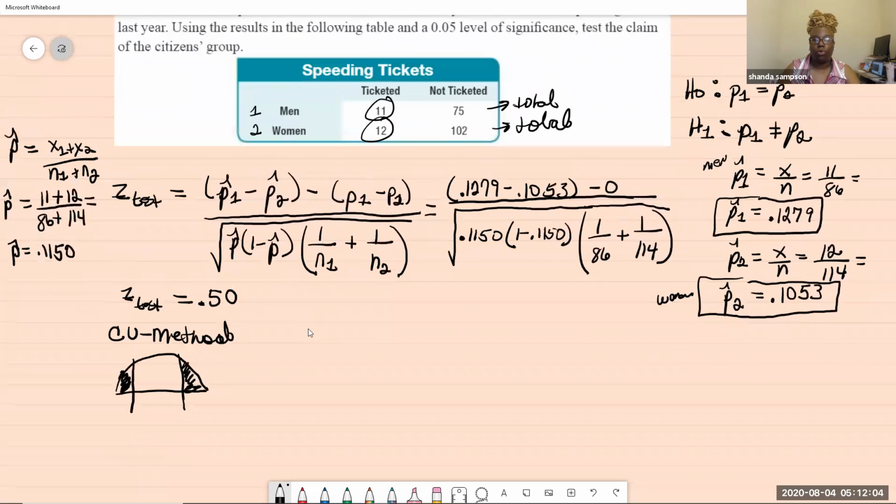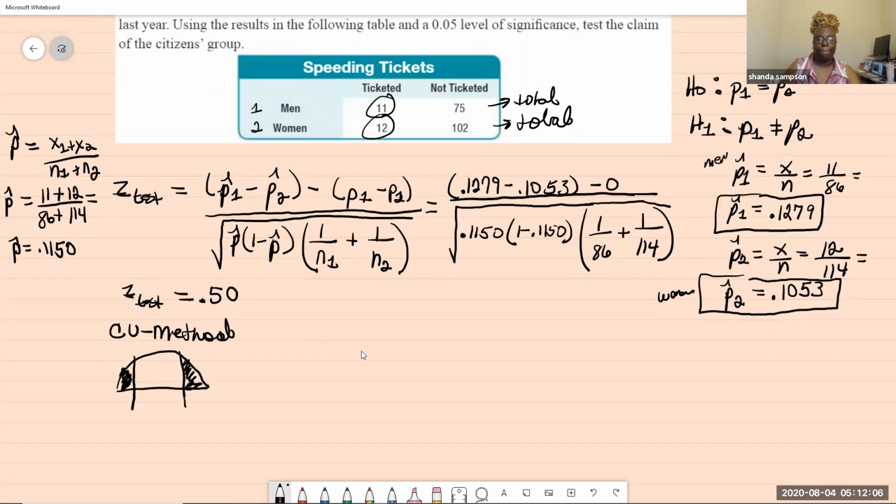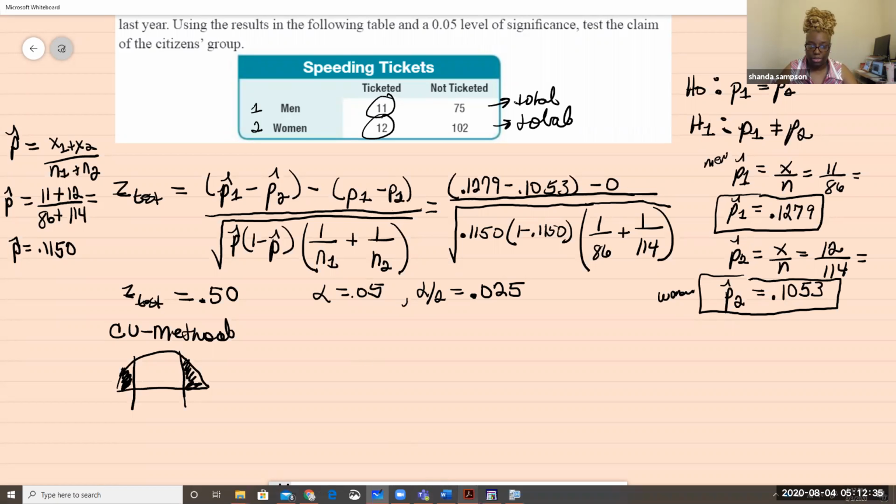Our alpha was 0.05, all right? But we need 2 sides. So alpha is 0.05 divided by 2 because we're looking at both sides. So that's going to be alpha over 2, which is equal to 0.025.